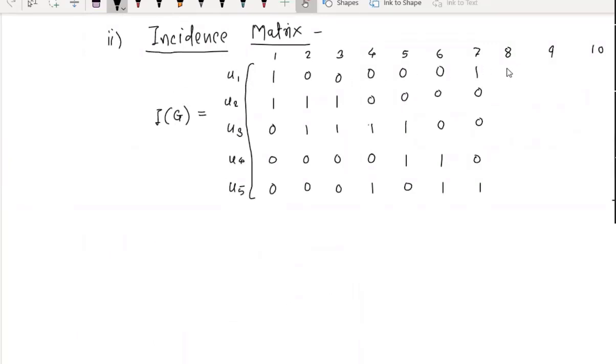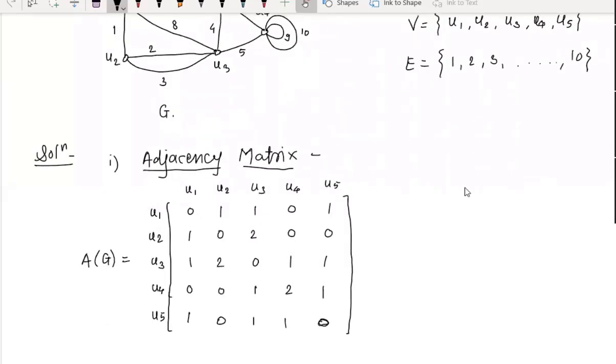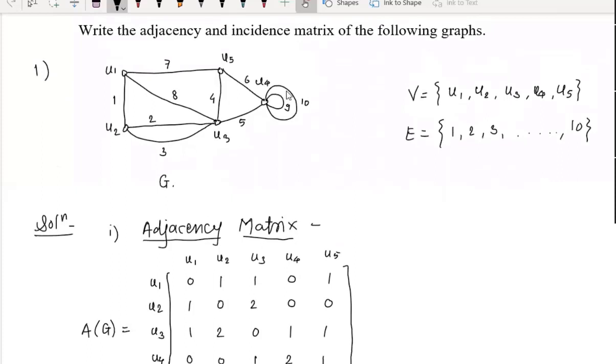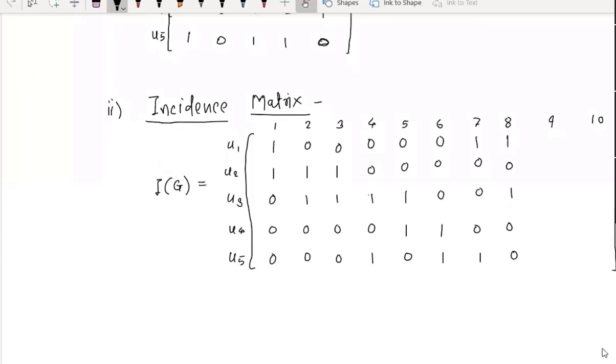So U1 is equal to 1 and U3 is also equal to 1, and the remaining entries of that column are 0. Now E9 and E10 are the self loops at U4. मतलब U4 के लिए 2 आएगा, 9 के लिए, और बाकी एंट्री 0 आएगी.